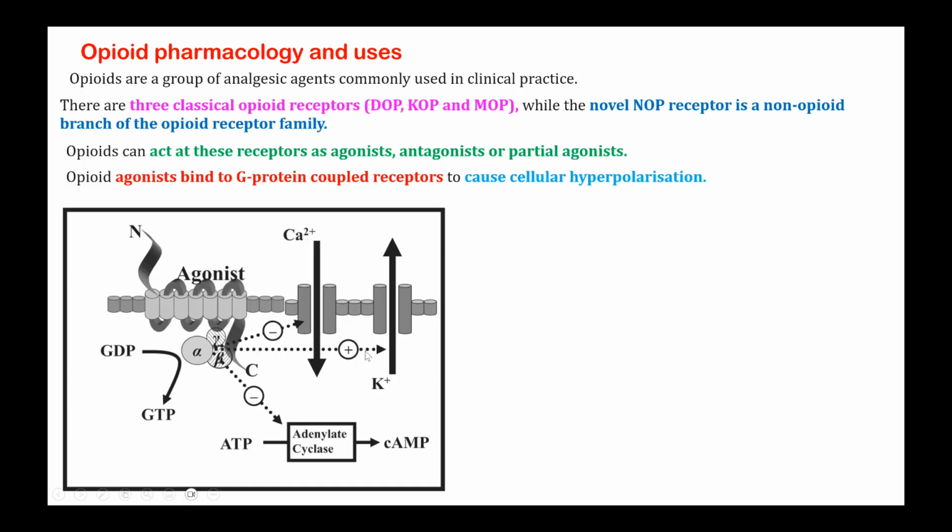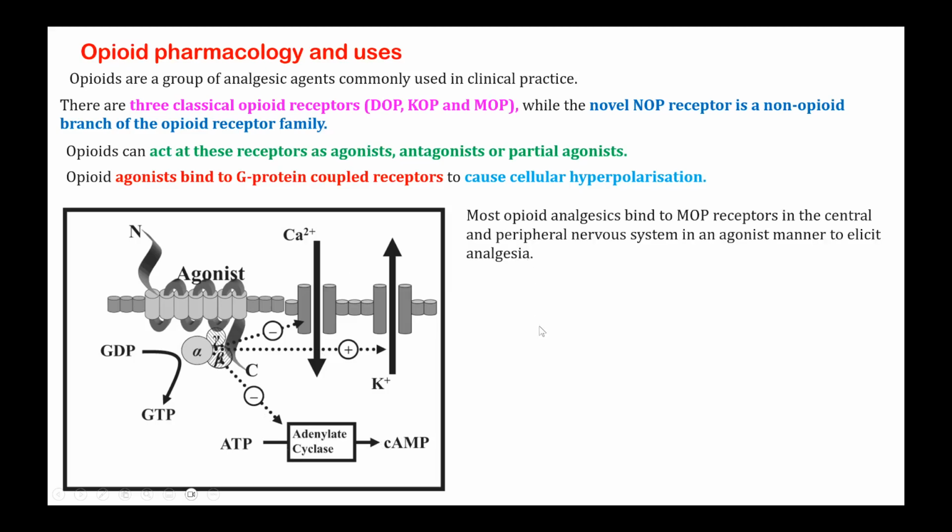It will also activate the potassium channel and cause efflux of potassium, which will result in the so-called hyperpolarization or increased negativity of the inside of the cell. It also acts on the adenyl cyclase enzyme and causes the inhibition of cyclic AMP. So all these things are the main modes of action of this G protein.